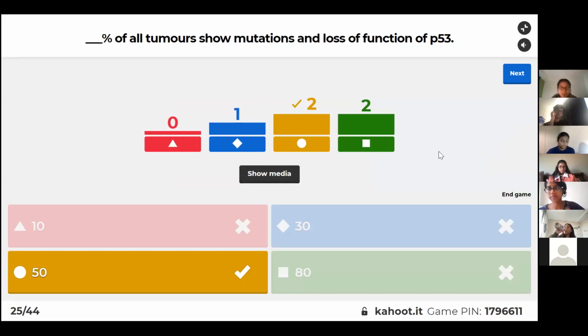Yep, 50% of all tumors show mutations in loss of function of P53. Not too much to explain here. Basically, P53 is really important.